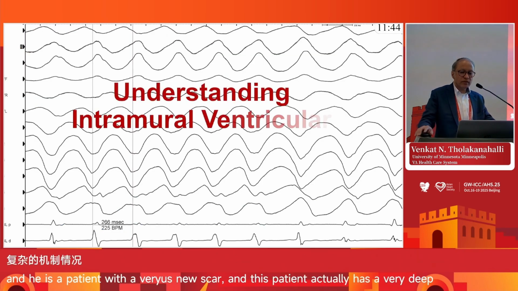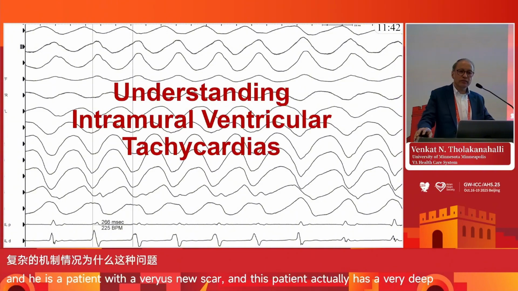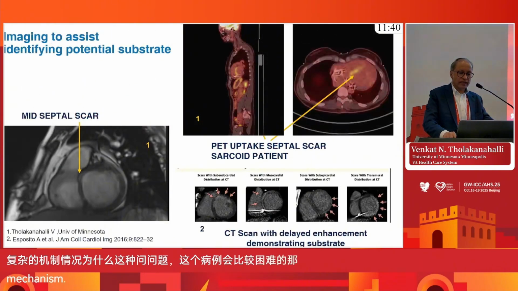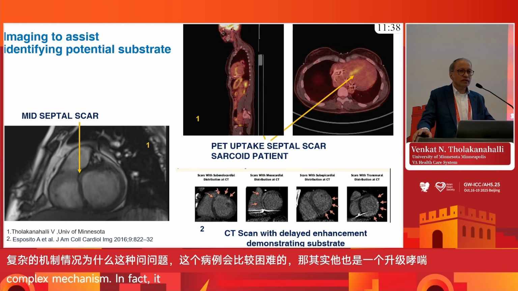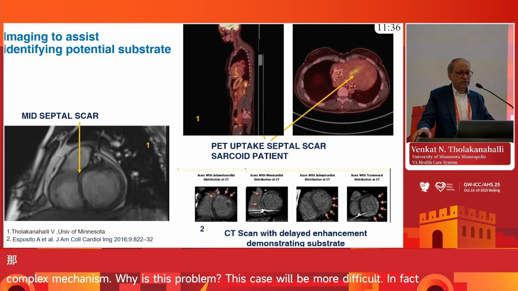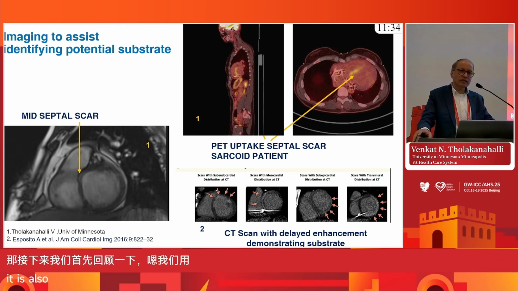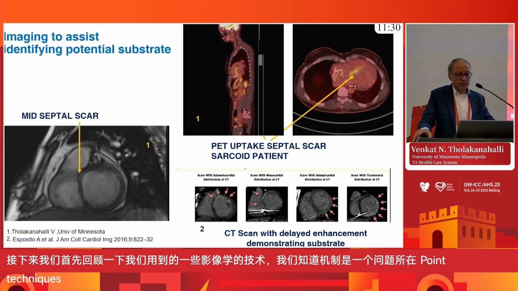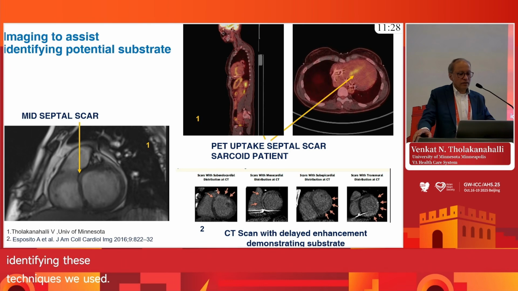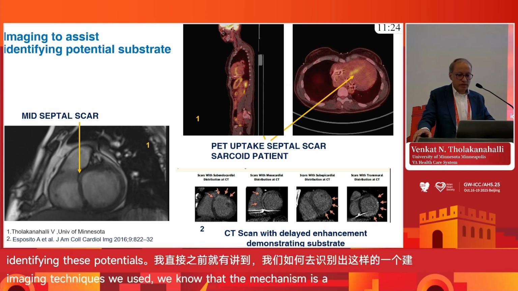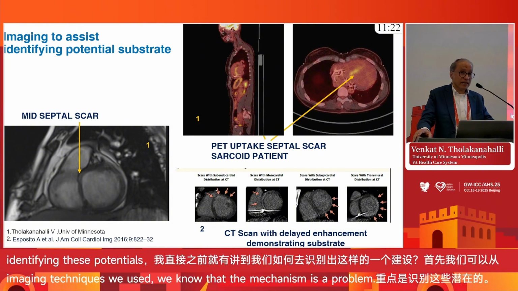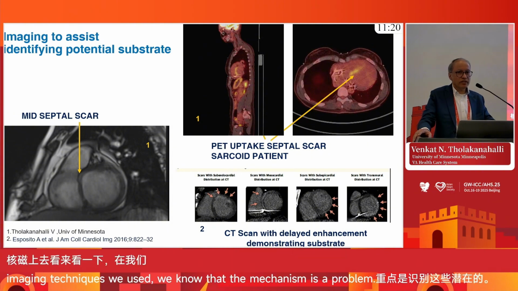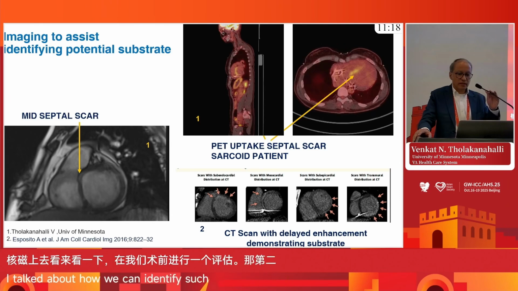So let's look at understanding the intramural ventricular tachycardias. We all know the substrate is a problem. One of the things to start with is identifying the potential substrate. How do we do that? One way is to do an MRI pre-procedure. Then PET scans are useful if there is active inflammation going on, particularly in inflammatory cardiomyopathies.